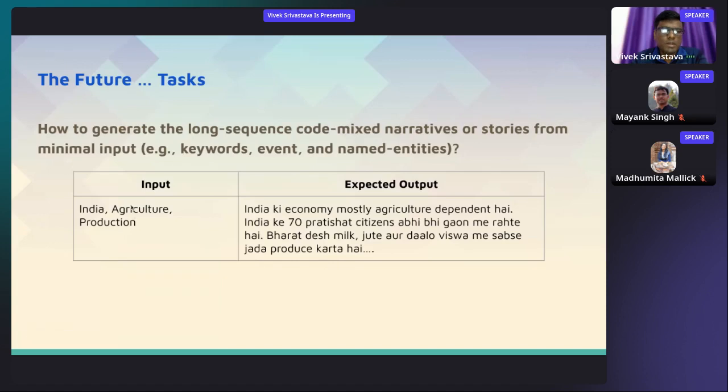It's not the entire parallel sentence that we have, but let's say we only have a couple of keywords, and from there we want to generate a long sequence narrative. This is quite possible with the monolingual setup, where you can generate a story from just a few keywords in the English language, let's say. But how about generating a story in a code mix language, and how grammatically correct that will be, and how readable it will be? These are still an open area of exploration.